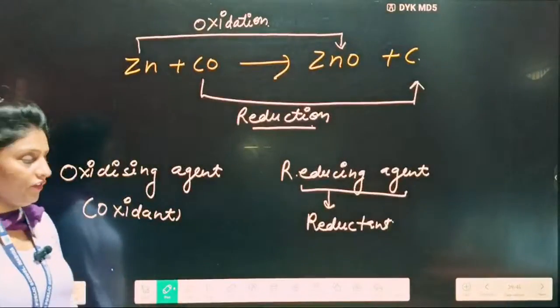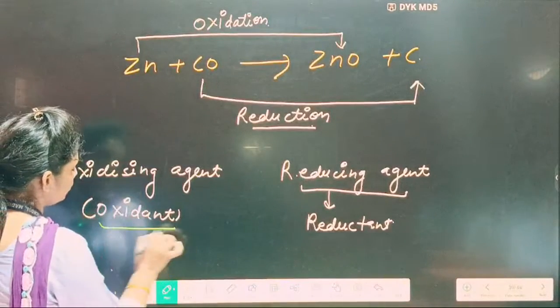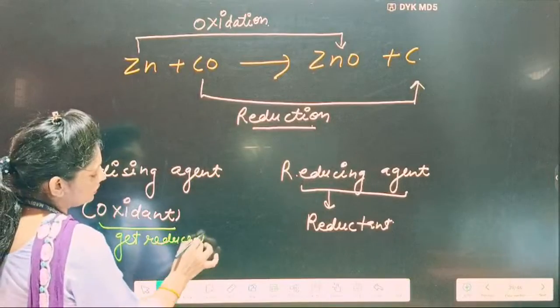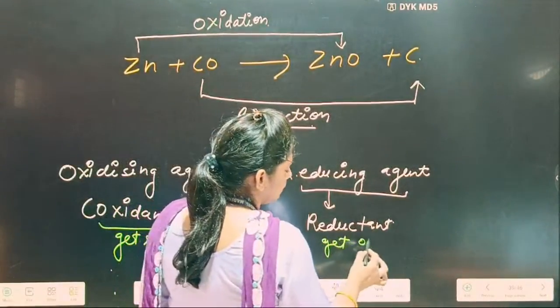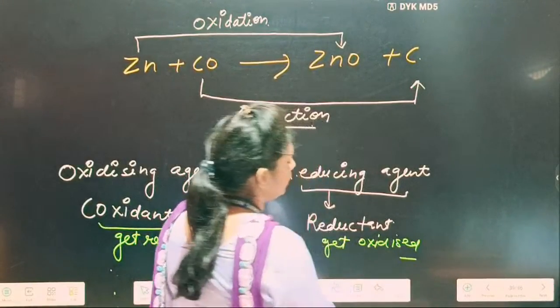Easily you can identify the substance which gets reduced, that is the oxidizing agent, and which gets oxidized, that one is the reducing agent.